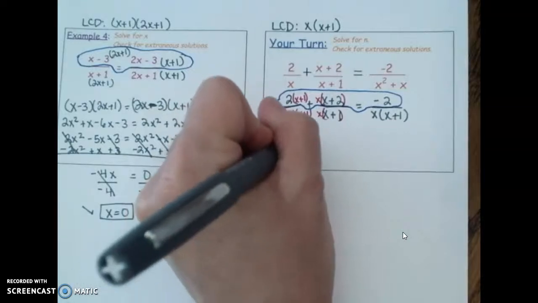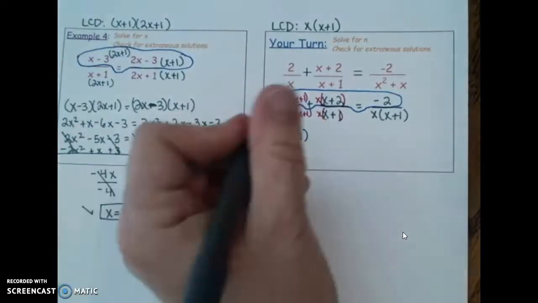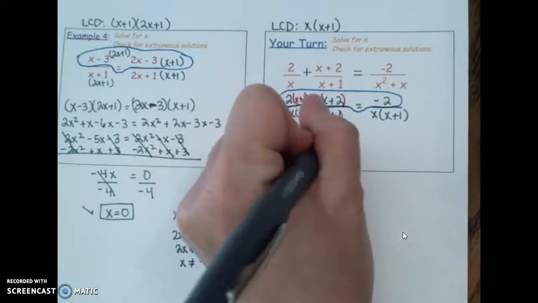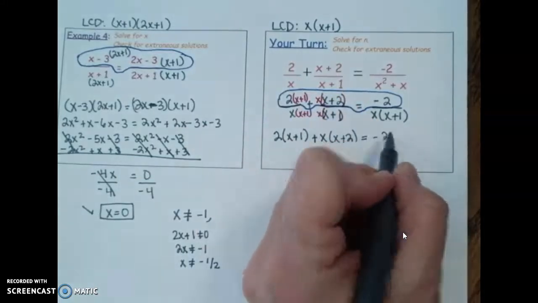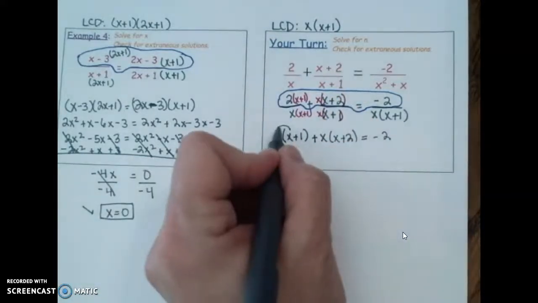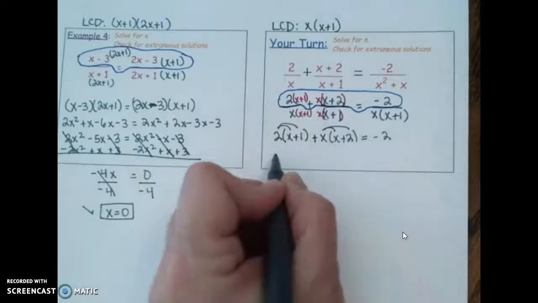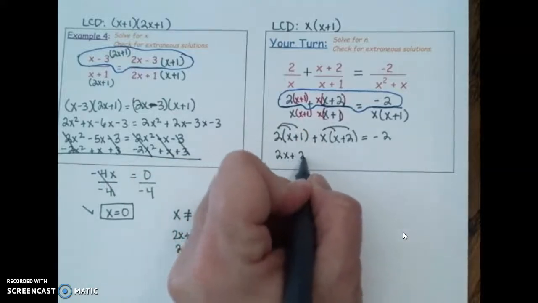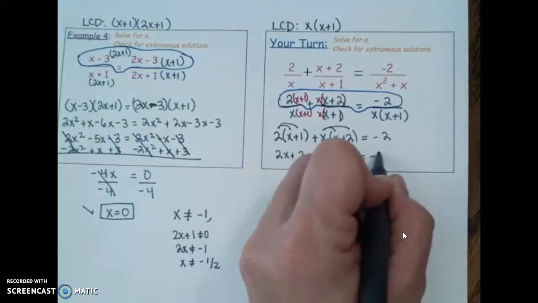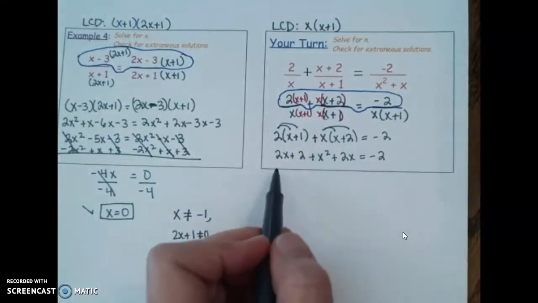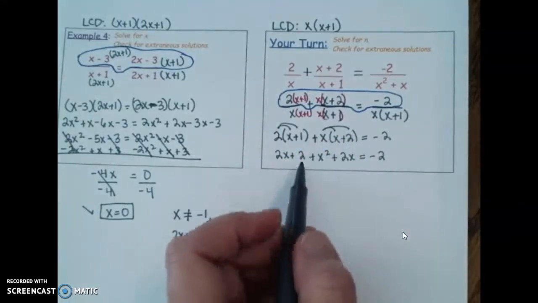So across the numerator we have 2 times x plus 1 plus x times x plus 2 equals negative 2. So I'm going to distribute as I go along. So that's 2x plus 2 plus x squared plus 2x equals negative 2. Then I'm going to combine like terms.